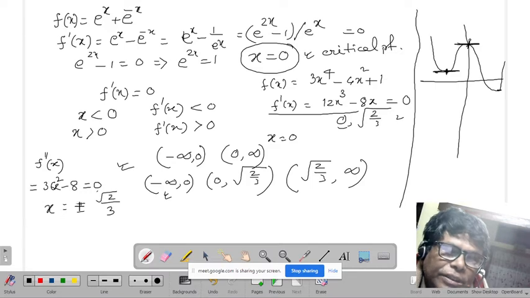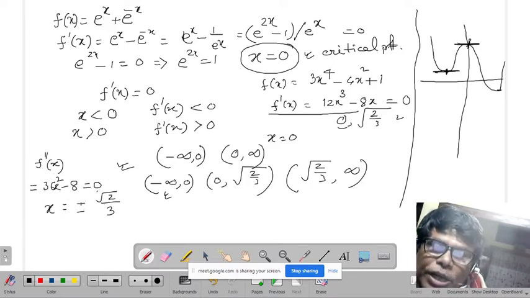Check it. Now here this is called a critical point, but we have made the first derivative equal to 0, so this is called a first order critical point. Remember this.